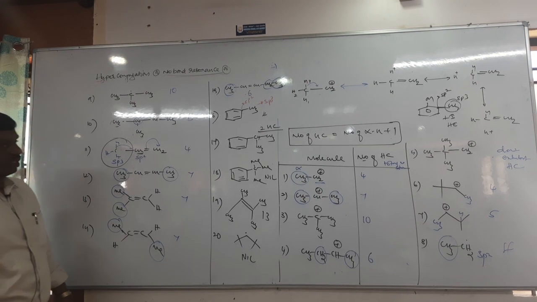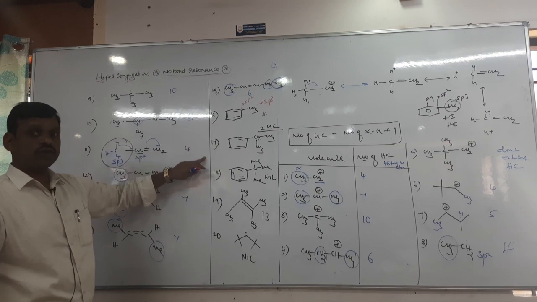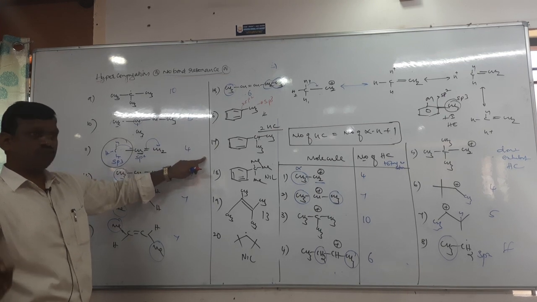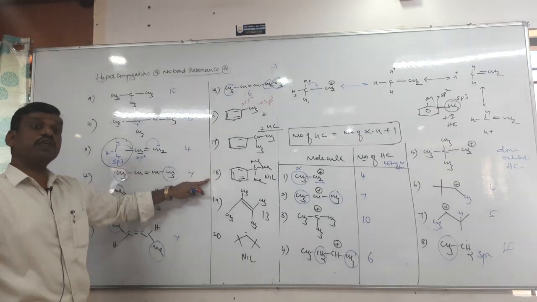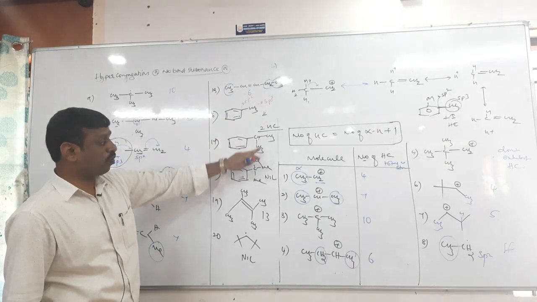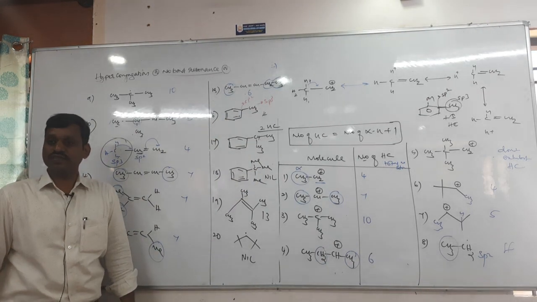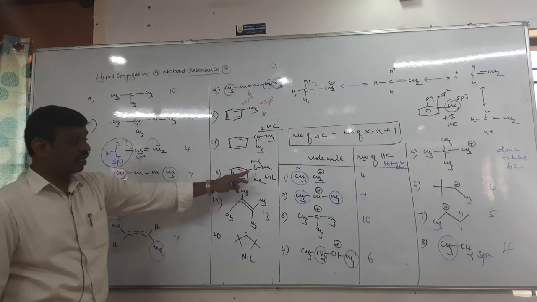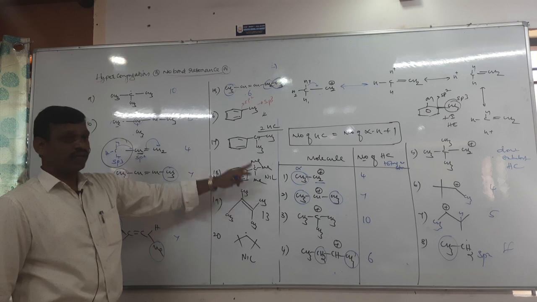Okay, say this question 16, 17, 18, this question was given in JEE. Question is this: among 16, 17, 18, which of the following is a more electron releasing group? Methyl, isopropyl, tertiary butyl. Okay, one more point.